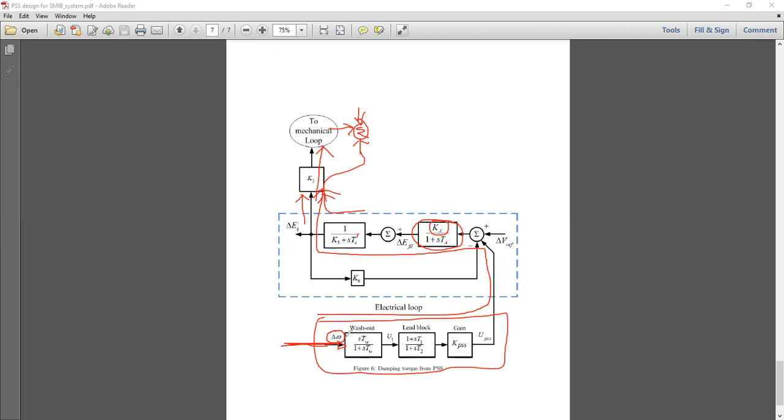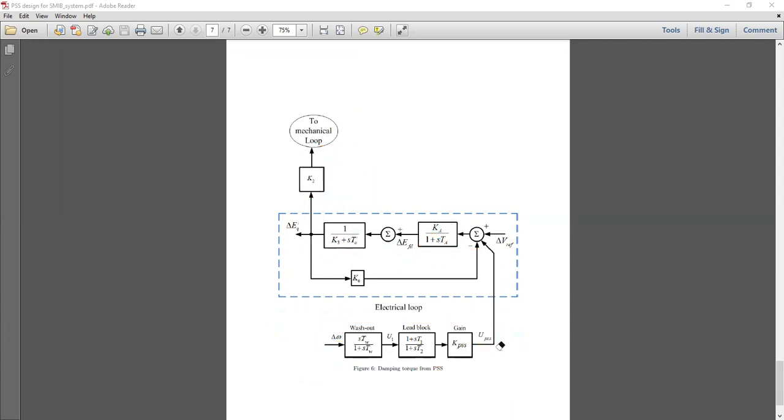As soon as this del omega becomes 0, the PSS shouldn't do anything to the dynamics or the response of the system. So whenever the system is successfully able to get rid of any del omega, any oscillation in the speed signal, then the PSS signal should die out or settle down to some equilibrium. Otherwise, PSS should be activated.